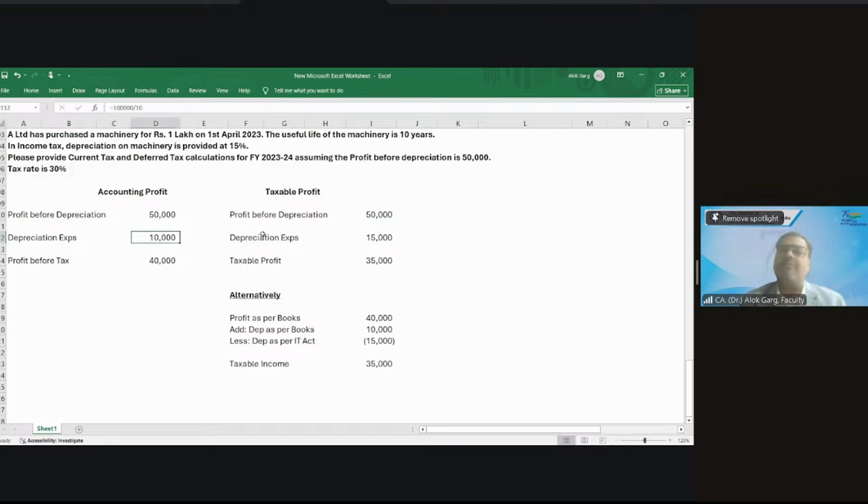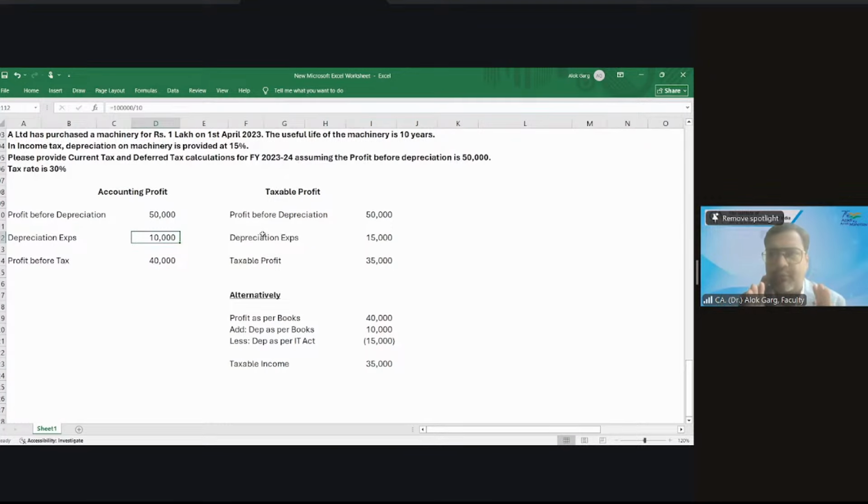But tell me, what is the total depreciation over the life in income tax and in the accounting books? It will not be more than the asset's value, that is 1 lakh. Over the life, it will be up to the price of the machinery, not more than 1 lakh.